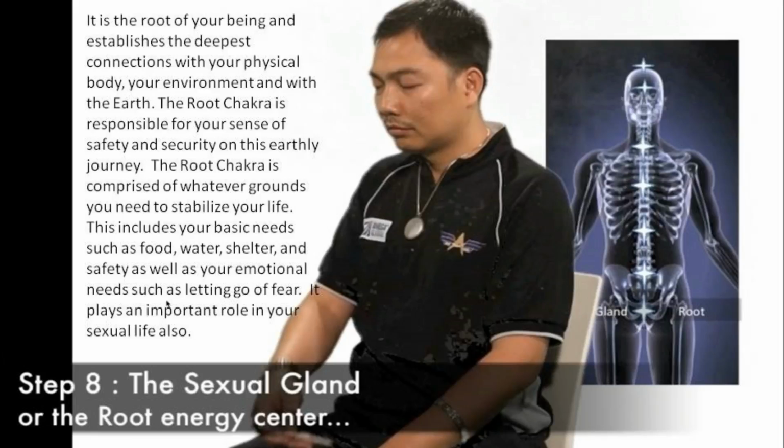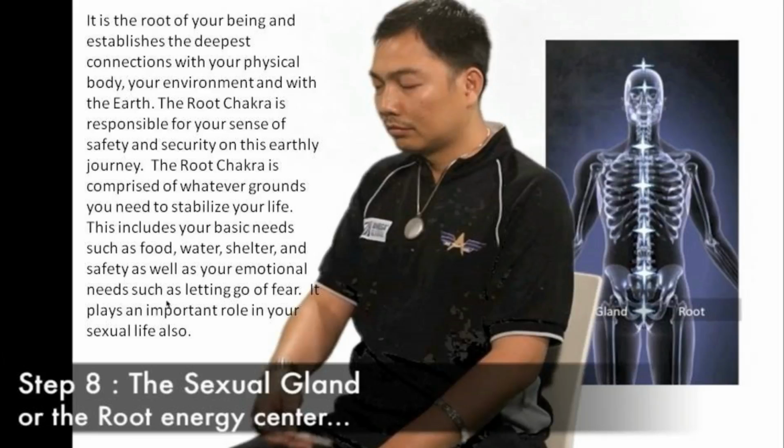The root chakra is responsible for your sense of safety, security, self-esteem, your earthly journey, your destiny. The root chakra also covers whatever grounding you need to stabilize and balance your life. This includes your basic needs like food, water, shelter, safety, as well as your emotional needs such as letting go of fear.